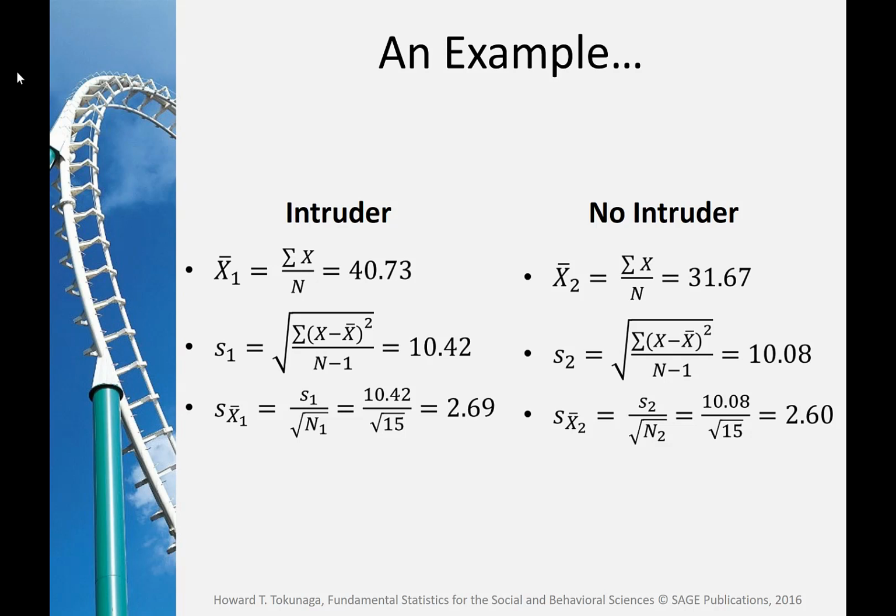Yeah. Trained person taking this class, is there a difference? Maybe. Problem is, this is just a sample. We need to see how likely it is that you would get this difference of 9 seconds if in the population there actually is no difference.